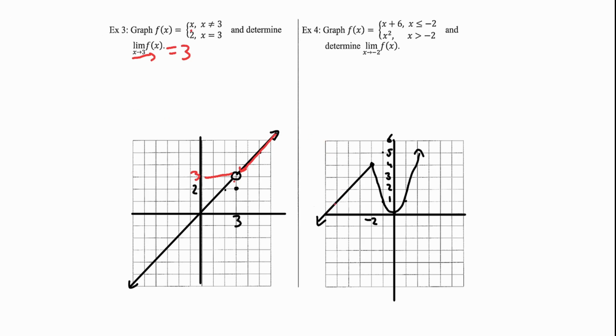If we approach negative 2 from the left side, we can see we approach the y value of 4. And if we approach negative 2 from the right side, we can see we also approach the y value of 4. And so we can say the limit as x approaches negative 2 of our function f of x is equal to 4.